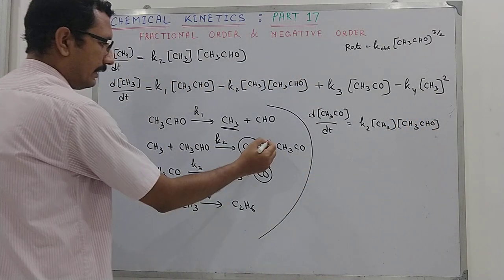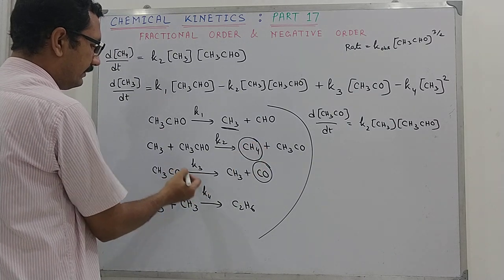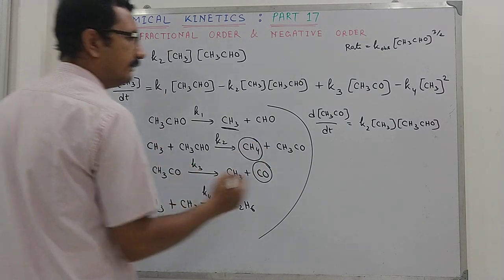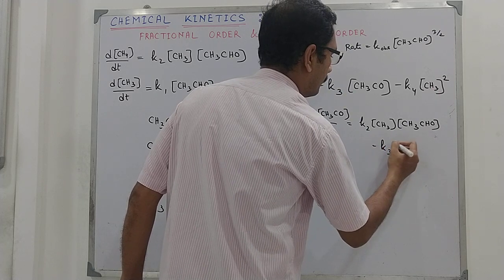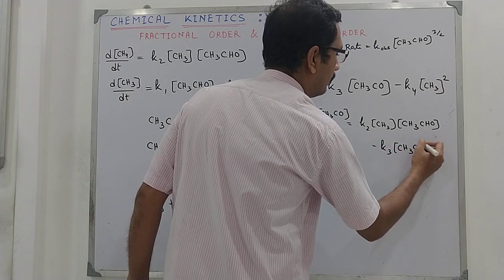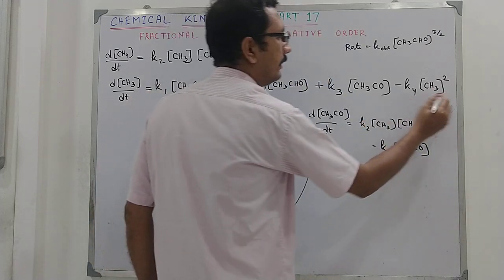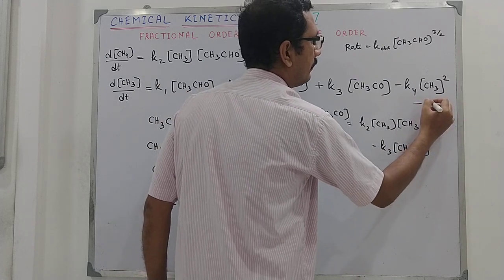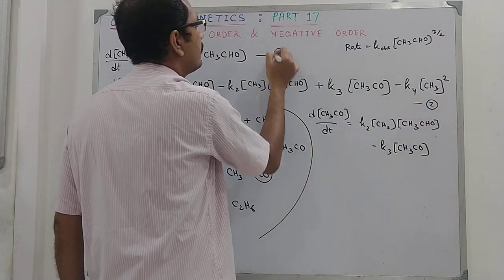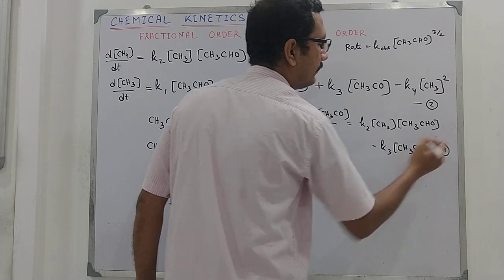It is generated in this reaction, but it is lost in this reaction, so it will be minus K3 into CH3CO. Now this is equation 2, this is equation 1, and this is equation 3.